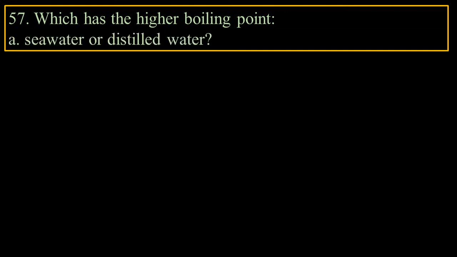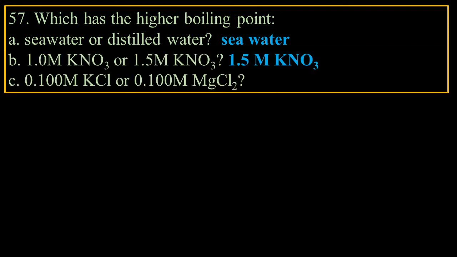Which has the higher boiling point? You're going to compare various liquids here. Seawater or distilled water? Well, seawater, because it has dissolved solutes, so seawater will have the higher boiling point. B, again, we're going to compare 1 molar potassium nitrate and 1.5 molar potassium nitrate. So the greater one, so it'd be 1.5 molar potassium nitrate.